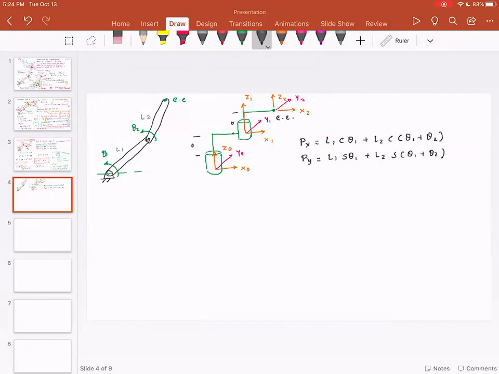If I want to find the Jacobian, I need to differentiate this equation and find the value of delta px.